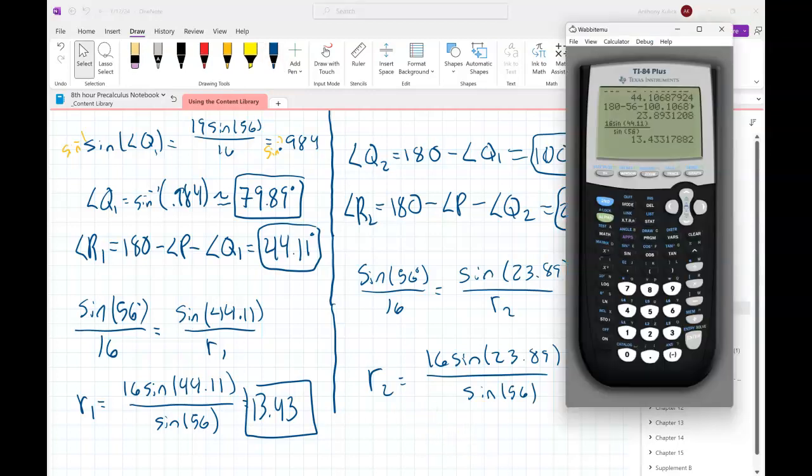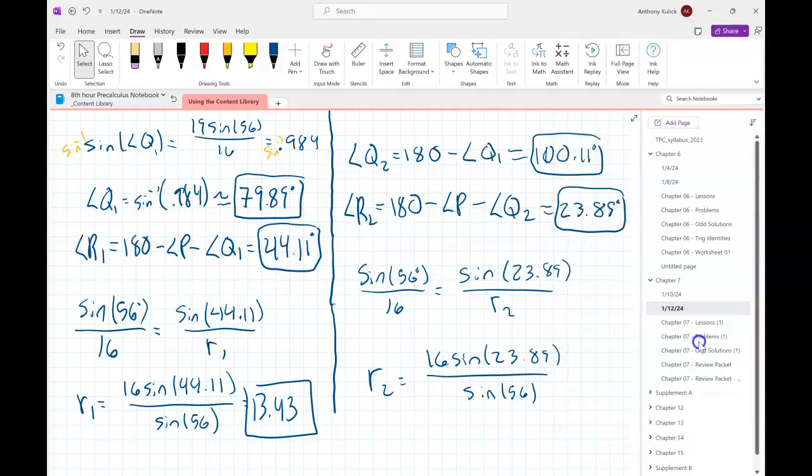So there's that. So just grab the previous thing and update the 44.11 to 23.89. I get 7.82.